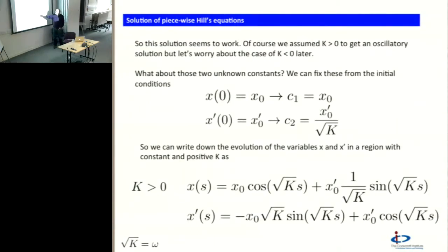Then if we substitute this into the equation on the previous page, we can fix the constants: c1 is x naught and c2 is x naught prime over root K. That's trivial. Just do it on a piece of paper, which means we've now solved our equations of motion.